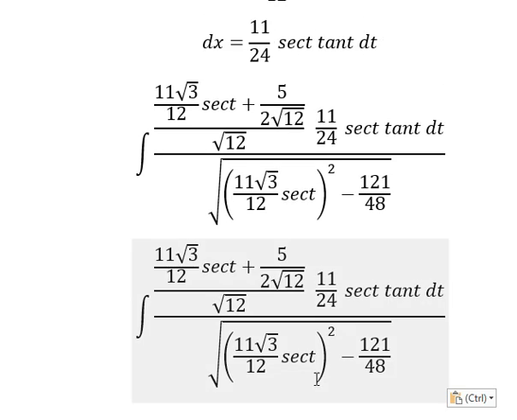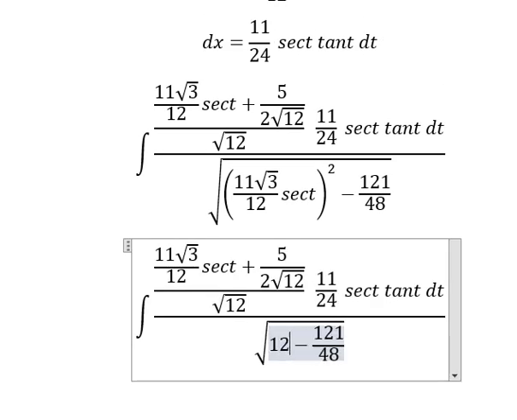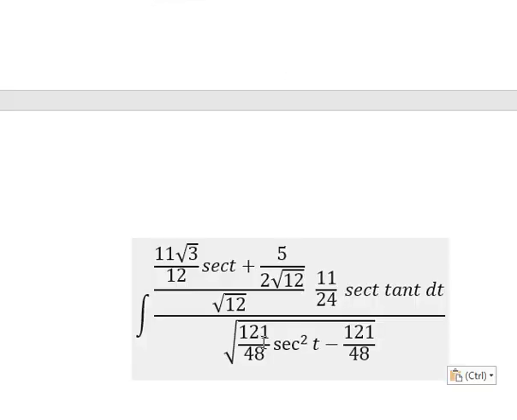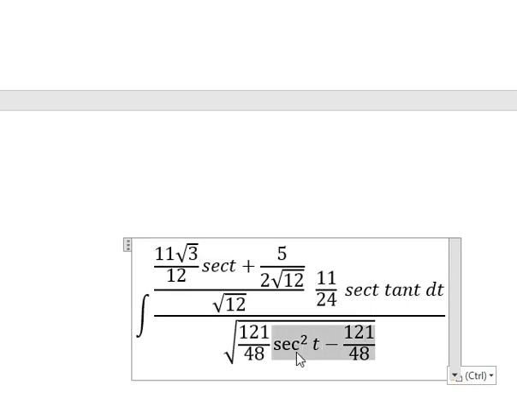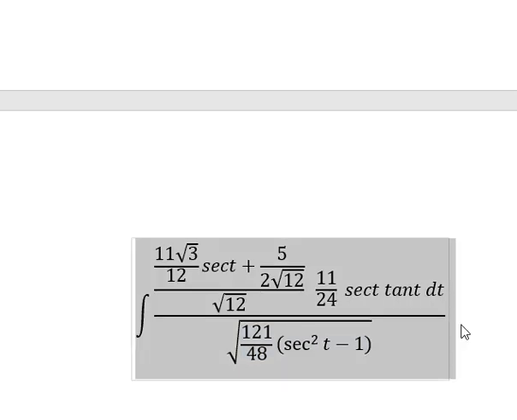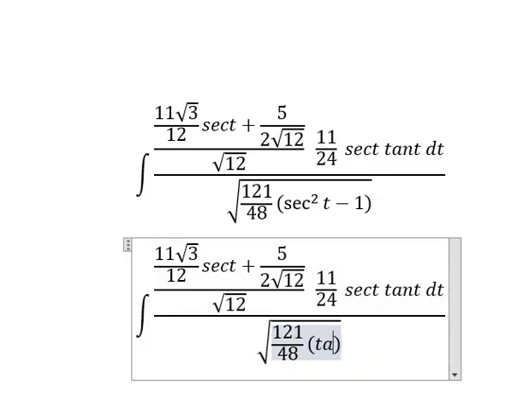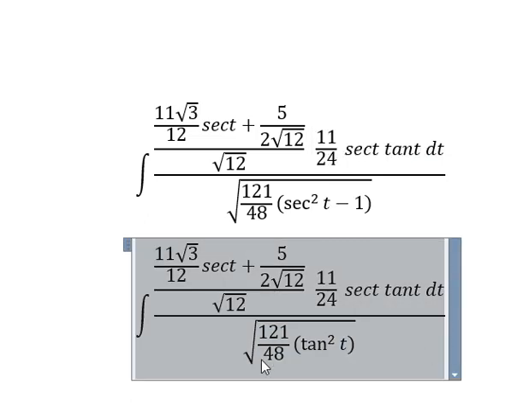So this one we have 121 over 48 secant of t square. So we can do about factorization. So this one, that is about tan t square.